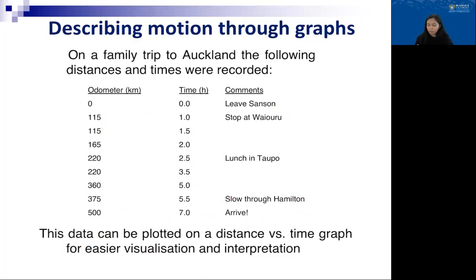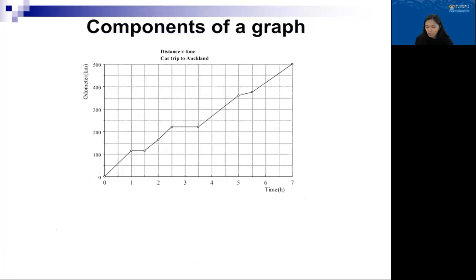But if we plot this on a graph, then we can easily visualize what's going on during the journey. Say you plot this, you're starting at the 0 position for 0 time. And after 1 hour, you've traveled a distance of 115 kilometers. So you plot that here in a distance from your odometer in kilometers versus time in hours graph.